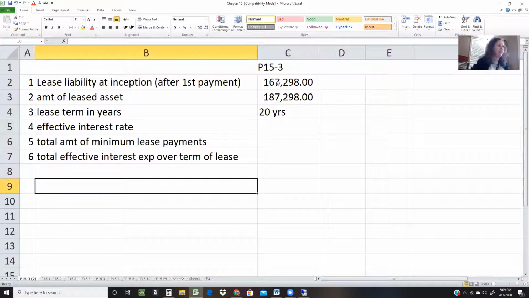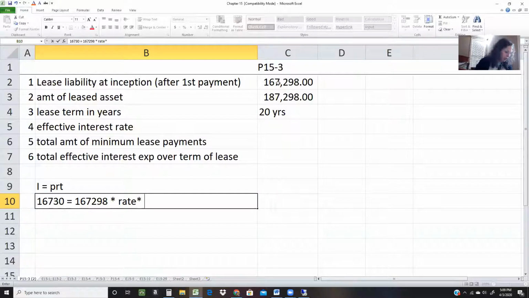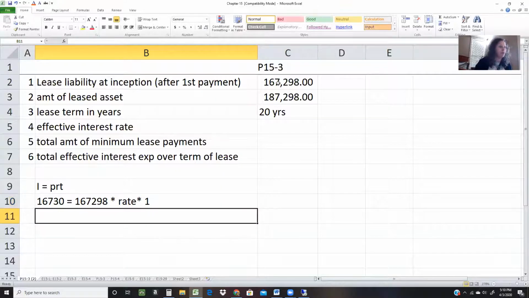So to find this, if I equals PRT, the interest, and this was in that first row for 2018, for that first one with the payment, is 16,730 would equal, that's based on the outstanding balance of 167,298 times a rate times, and then you'll notice that each of the payments, it said it started on January 1 and their annual payments, so my time is just 1.